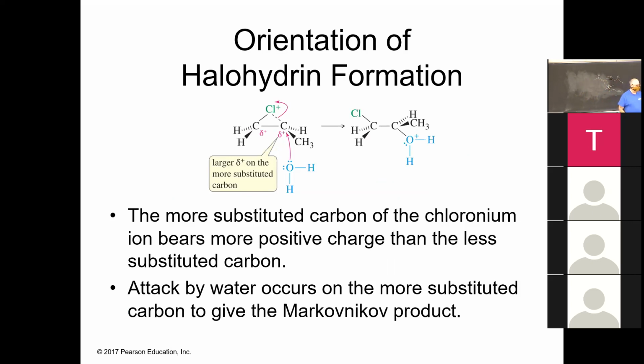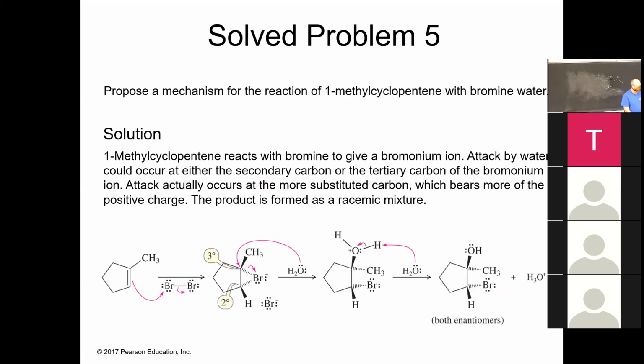So here we started with an unsymmetric alkene. We form the chloronium ion, and then water will attack the more substituted side. And then we'll have deprotonation, and we'll get the halohydrin. That's similar to what we're seeing here.